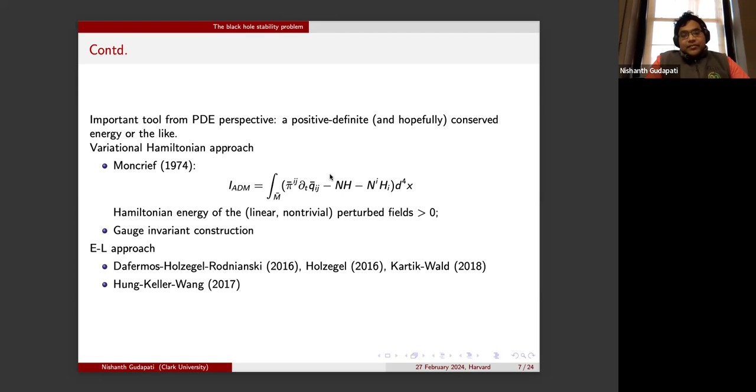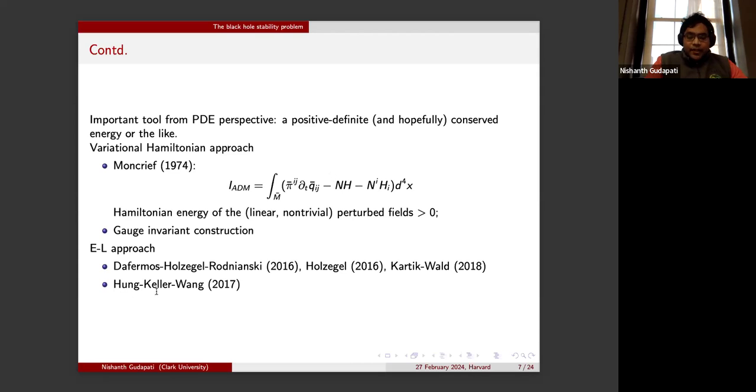And recently, so this is about the names that I mentioned is about the linear perturbations. Recently, there are some results that are based on Euler-Lagrange approach of the Schwarzschild perturbations, gravitational perturbations. And among one of them, Holzegel was able to recover a version of a positive definite energy for the perturbations of Schwarzschild. That was obtained by Moncrief, and later on also by Khavkine and Wald.